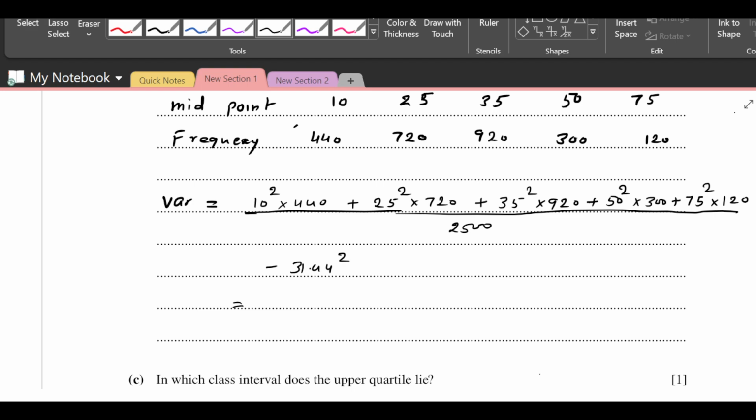Okay, so we calculate this part and the calculation will result in answer as 304,600 divided by 2500 minus 31.44, the whole square.